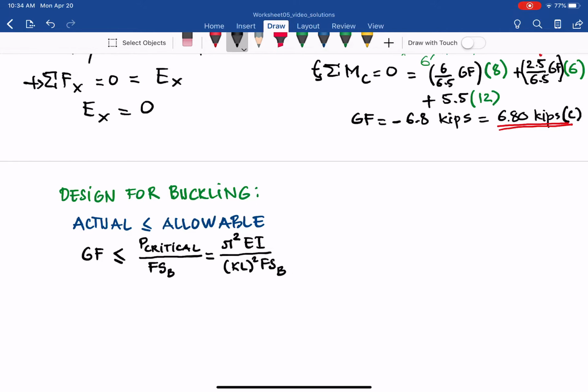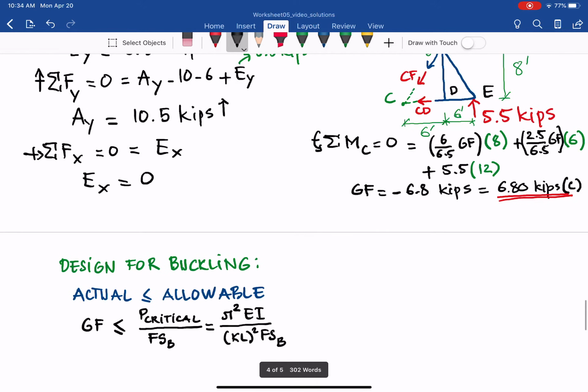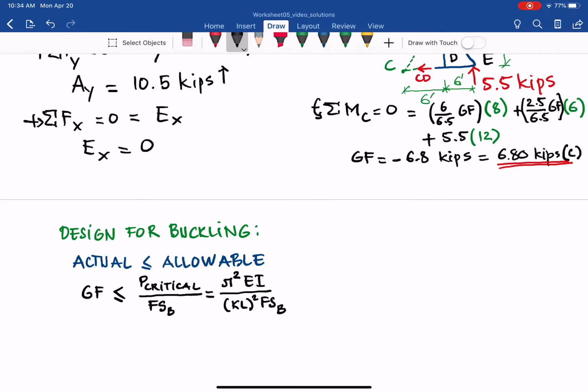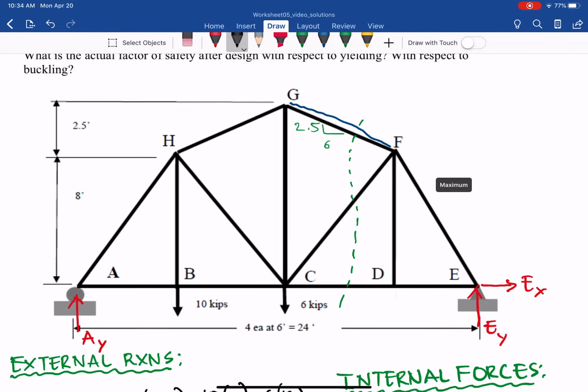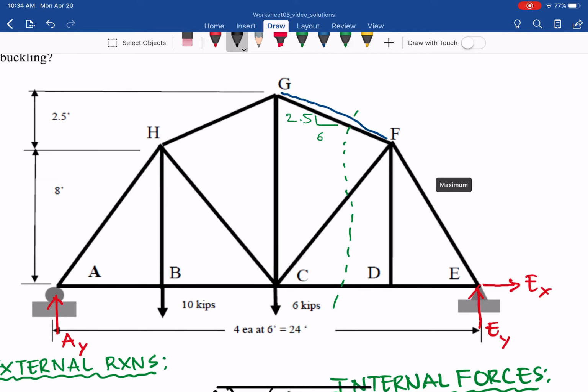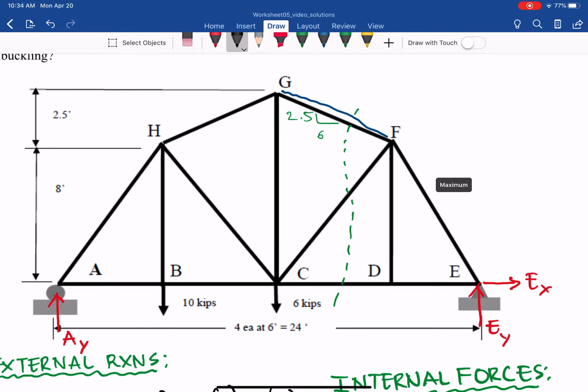For the truss, we assume the members are two-force members, pinned at both ends.